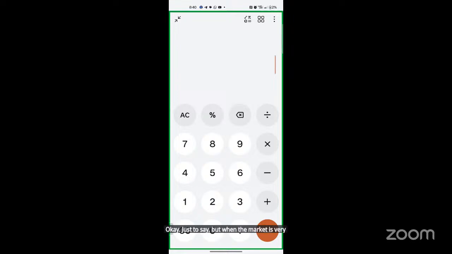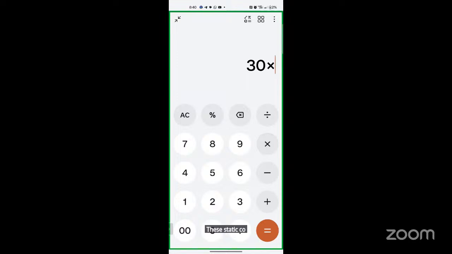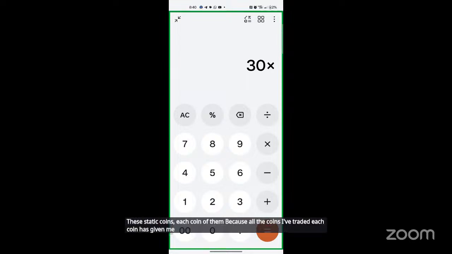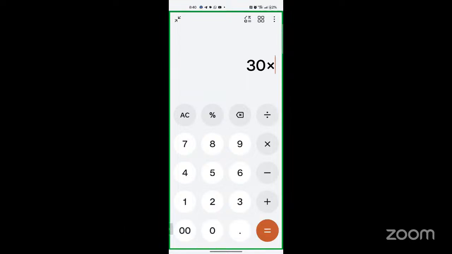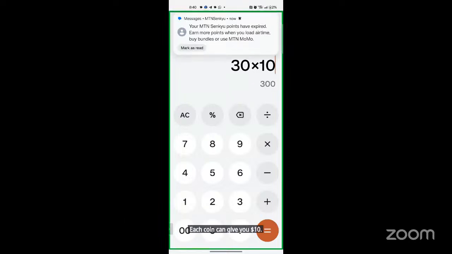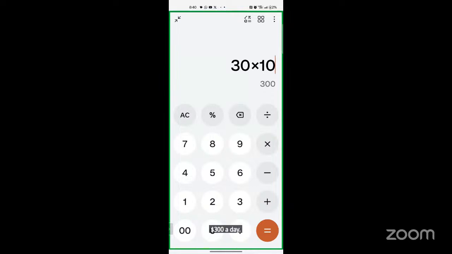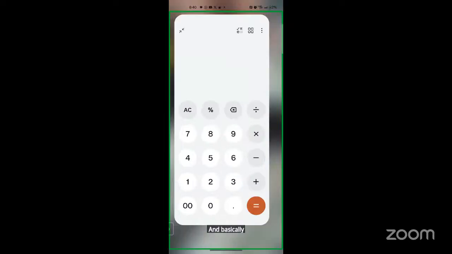But when the market is very good, each coin can give you $10, and that is $300 a day. It is possible, and basically, every day could be a profitable day.